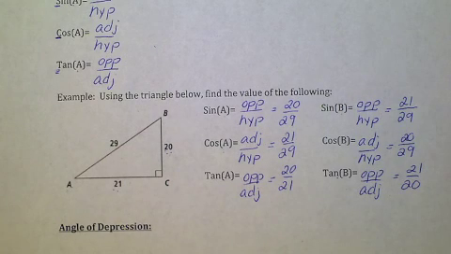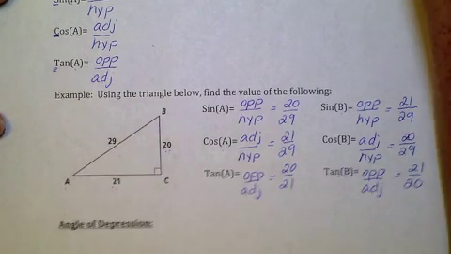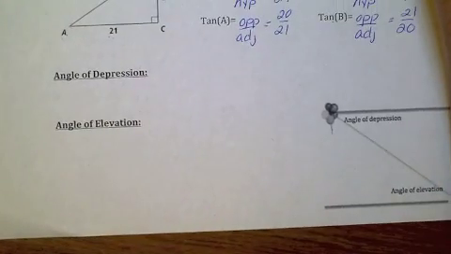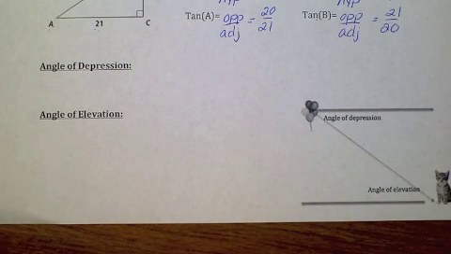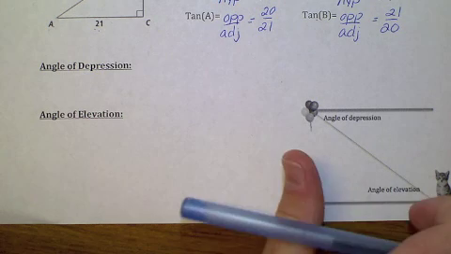Another thing that you're going to need to know about tomorrow is what is an angle of depression and an angle of elevation. Again, it's something that would have come up last year in Algebra 2. I just want to make sure that we're prepared for the word problems that we're going to see tomorrow.